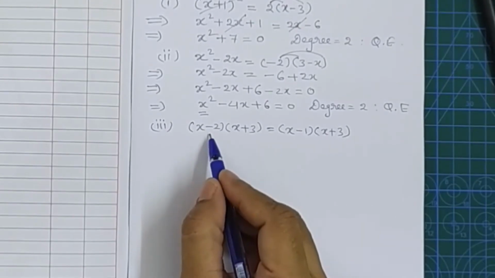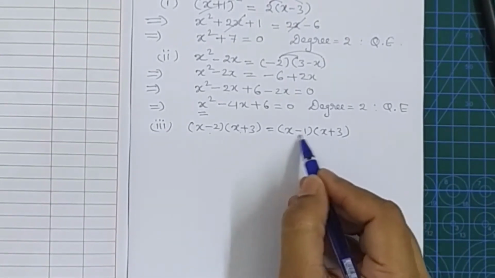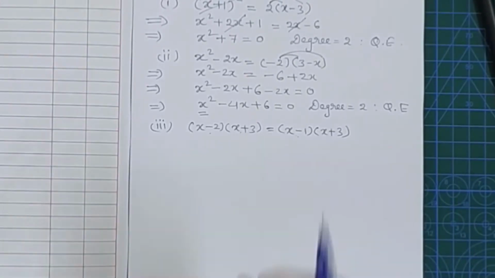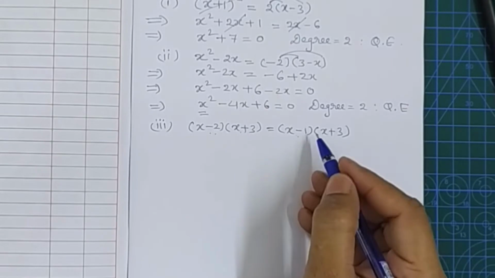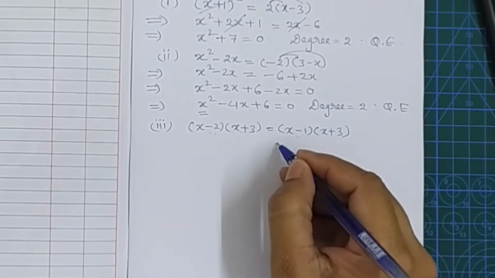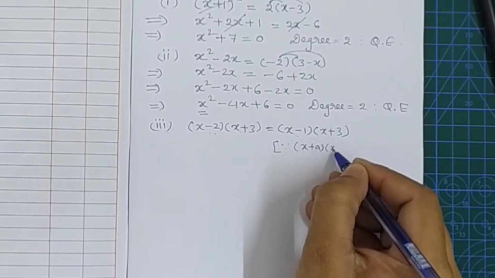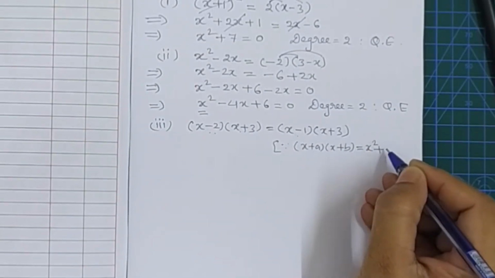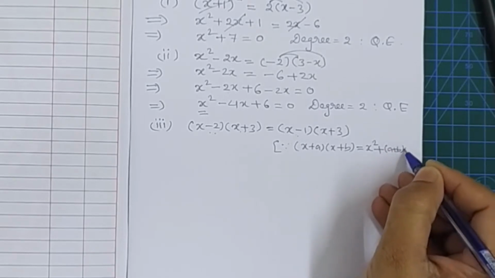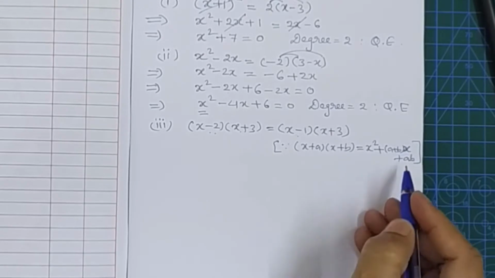Now the third bit is, on the left side we have a product of two binomials, and the right side is also a product of binomials. So we will multiply the binomial into binomial, and then we see after simplification. For multiplication, we will use the identity x plus a times x plus b, which is x square plus a plus b times x plus ab, the one that we use for splitting the middle term.